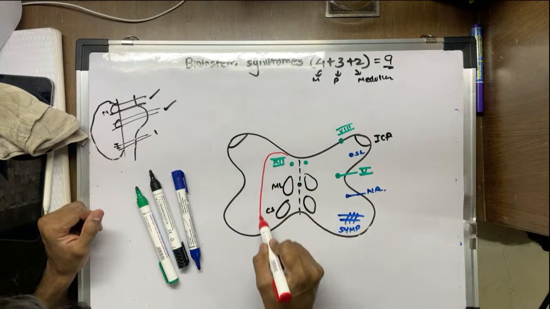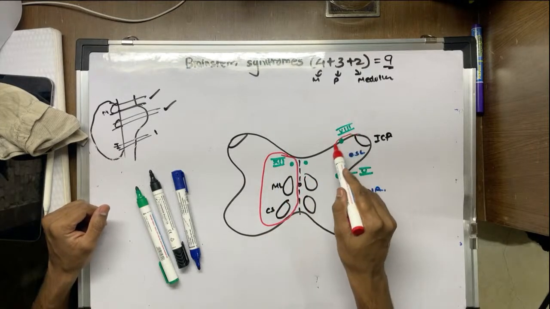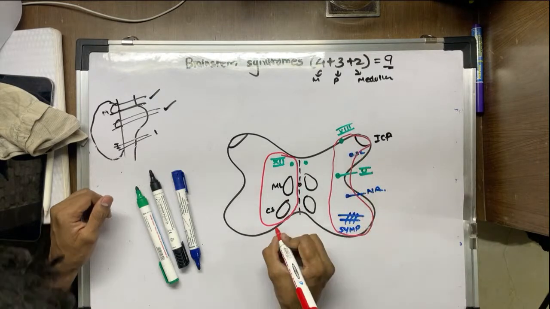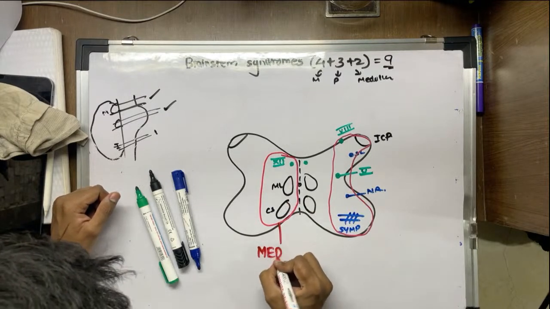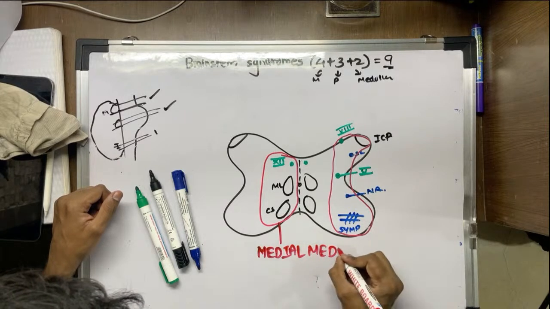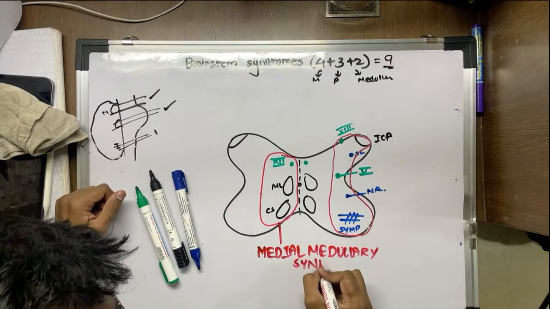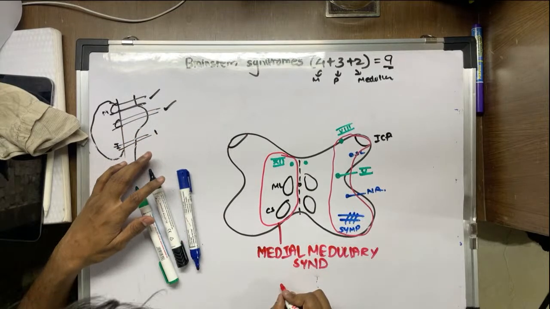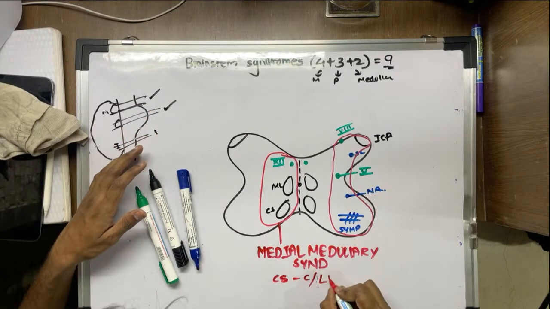If this part is involved, and if this part is involved. Okay, so this is on the medial side, so it is called medial medullary syndrome. In medial medullary syndrome, only three structures are involved. Tell me what it is. Corticospinal, obviously, contralateral weakness.